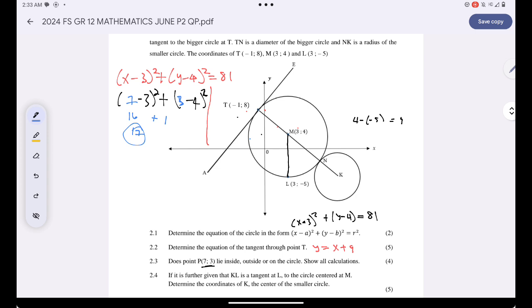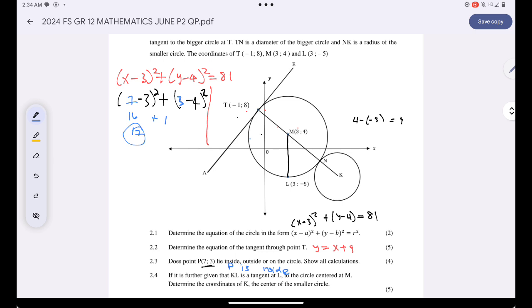Are you together? Just say P is inside the circle. Are you together? Why?